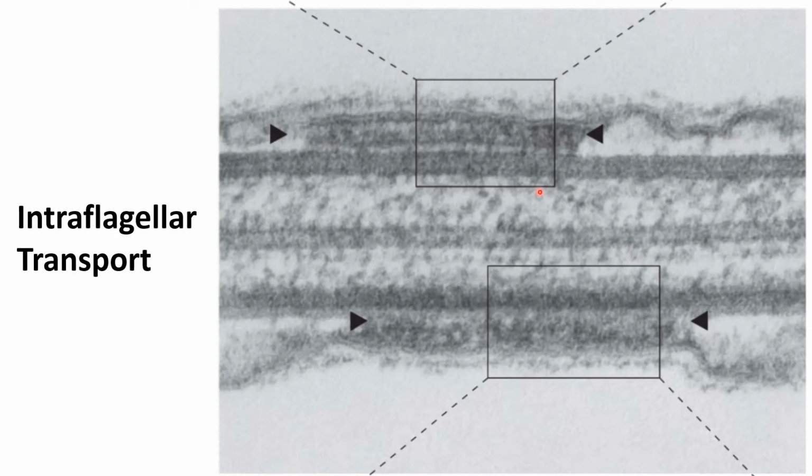We can see here certain vesicles in clusters moving along the length of the cilia or the flagellum. This transport is similar to your vesicular transport, and they are carried about by motor proteins like your kinesins and dyneins. These are microtubule-related motor proteins.